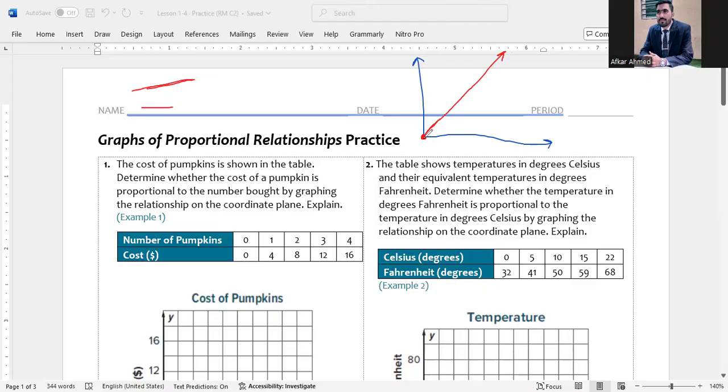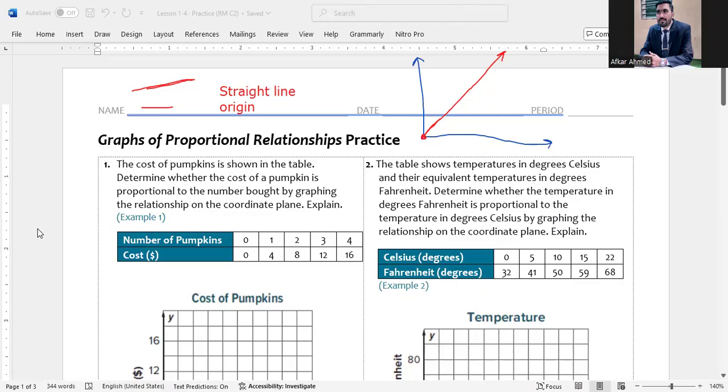So you must have a straight line. This is the number one condition, but the straight line must also pass through the origin. If it does not pass through the origin, the starting point 0, 0, then the given relationship will not be a proportional relationship.